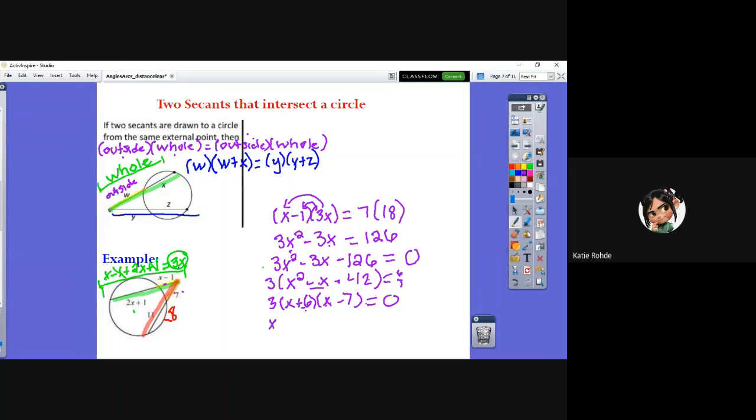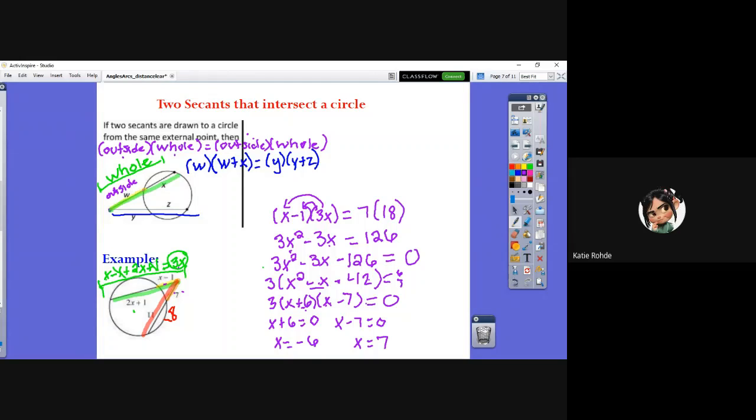We say, well, x plus 6 could equal 0, or x minus 7 would equal 0. In order to equal 0, at least one of the factors has to be equal to 0. We get x equals -6, or x equals 7.